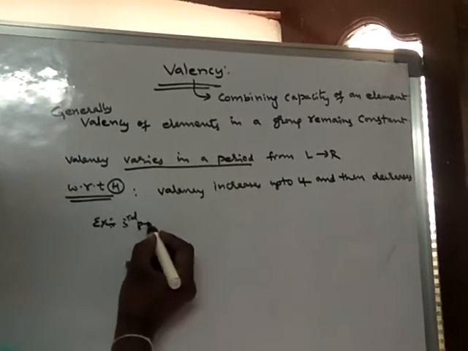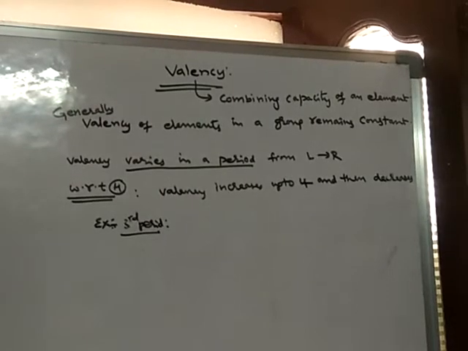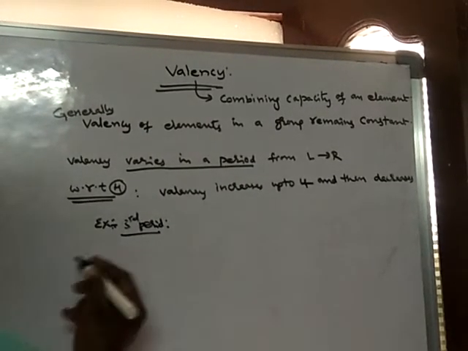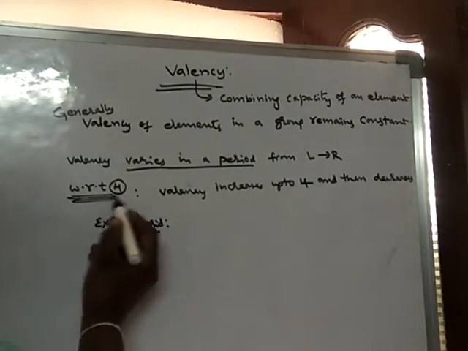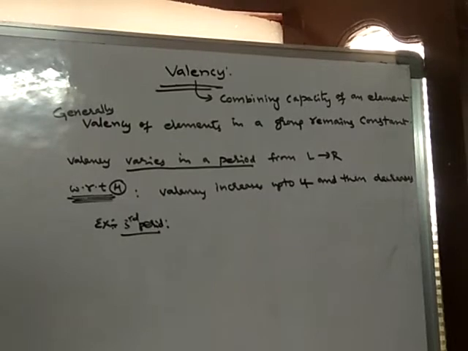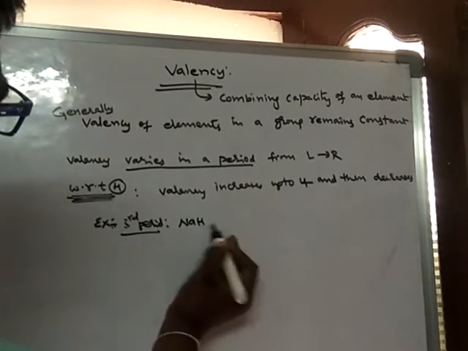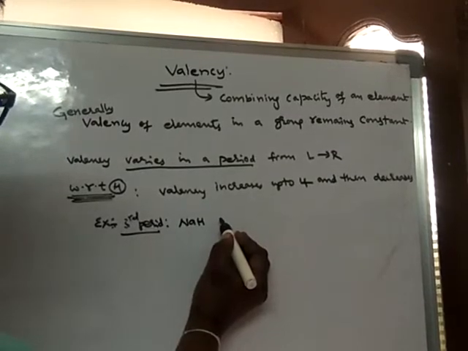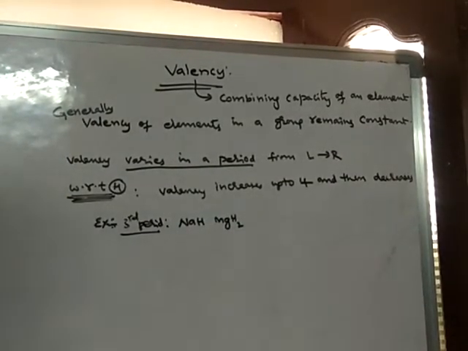For example, take the third period elements and their hydrides, that is, how third period elements combine with hydrogen. One sodium atom will combine with only one hydrogen, but one magnesium atom will combine with two hydrogen atoms.